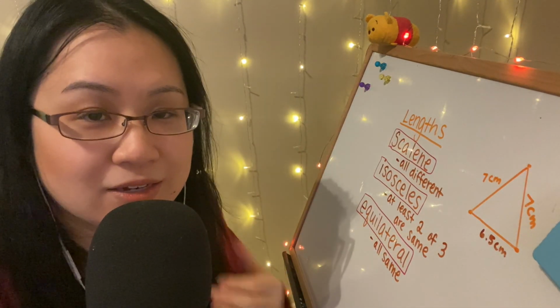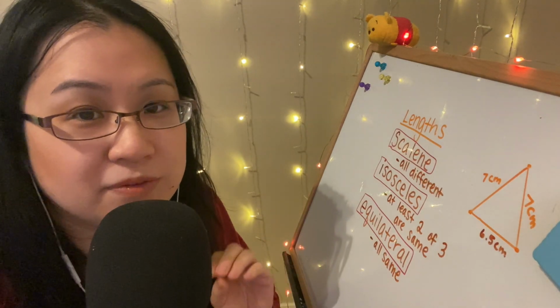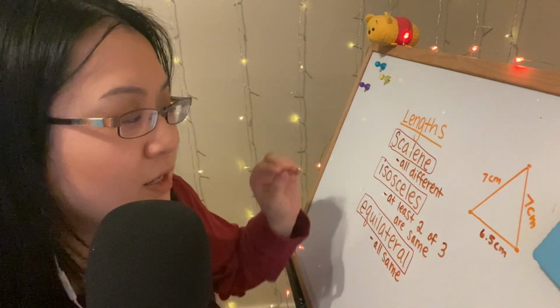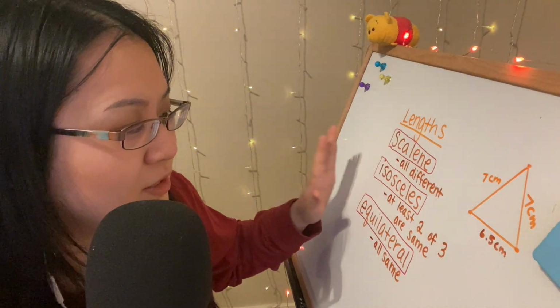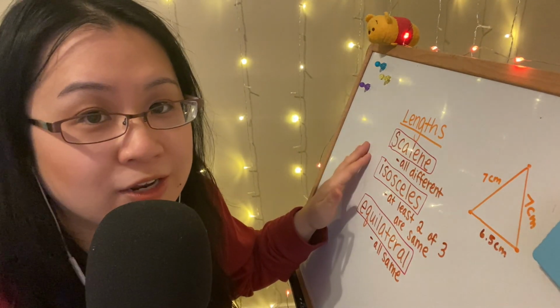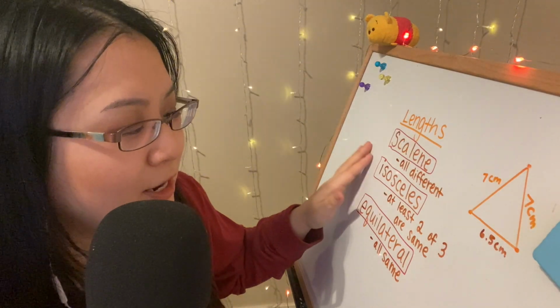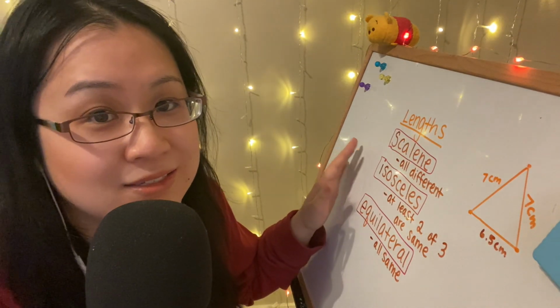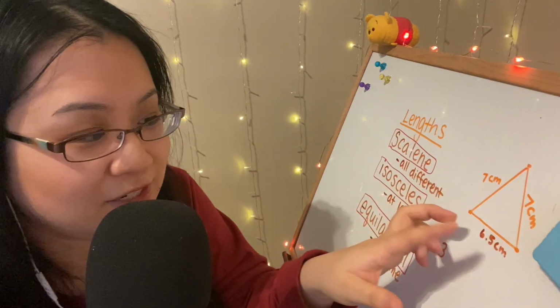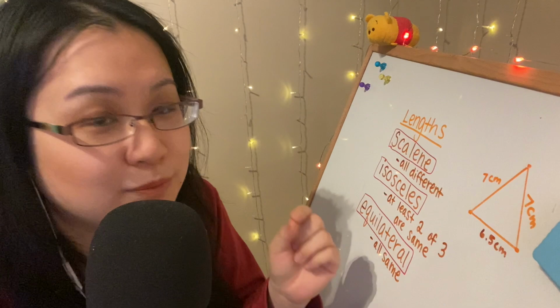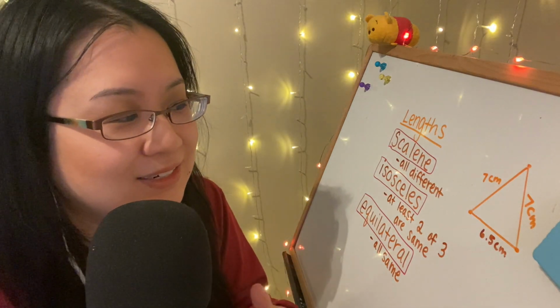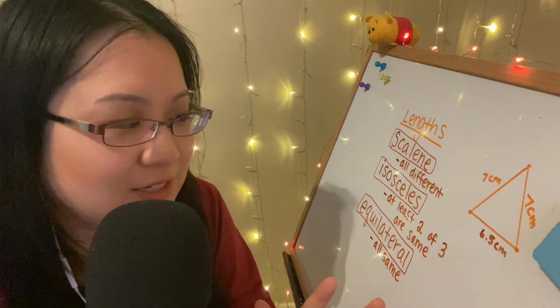I think that every now and again, but very rarely, will you see that an isosceles triangle is defined as having exactly 2 of the same and the third one being different. But you might, and so I wanted to include that idea.